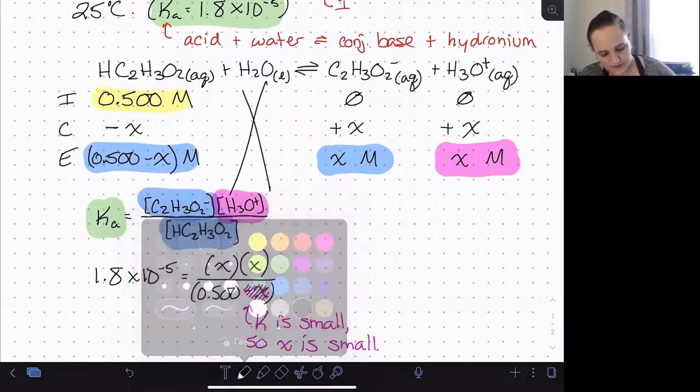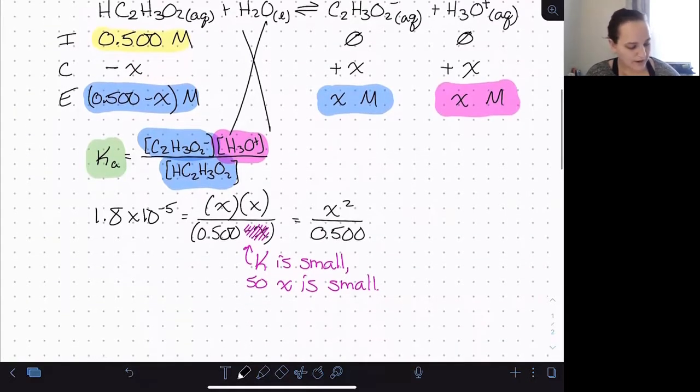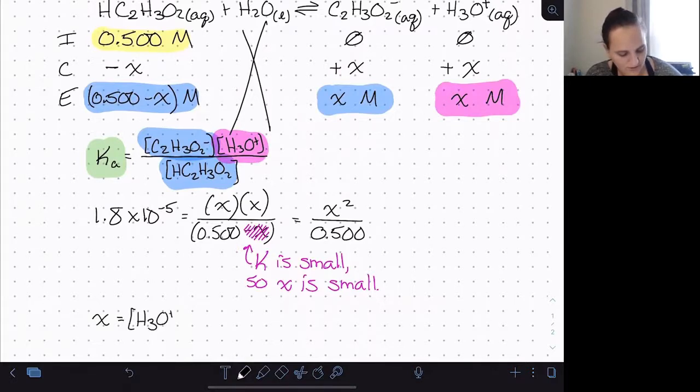So we can say that this is approximately equal to x squared over 0.5, and that just got a whole lot easier to solve. So we find a value for x, which is our hydronium concentration in this setup, of 3 times 10 to the minus 3rd molar, and from there we know how to find the pH.